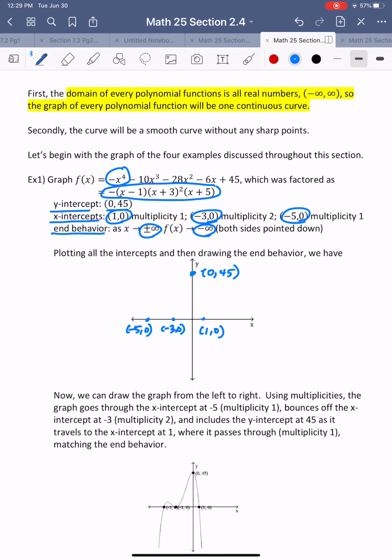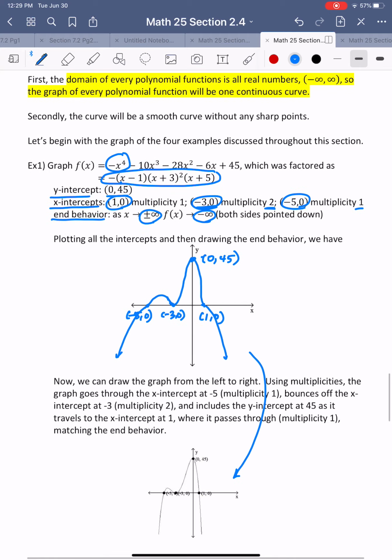So it's going to come down from here, okay? The multiplicity of negative 5 is 1, so it crosses, going toward negative 3. But negative 3 has multiplicity 2, which means it bounces back up to the y-intercept, and then goes down to the other x-intercept. So you have a graph like this, do you see it's similar to this one, which I already graphed for you, okay?